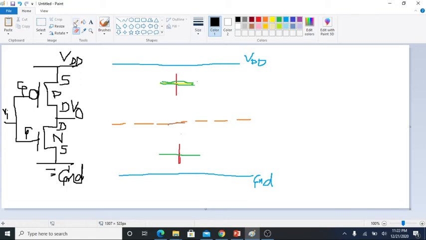So a good idea is to make source this side, drain this side, and again drain this side and source this side, and gate is obviously your polysilicon. What you have done till now is made VDD and ground with blue color, then the demarcation line with brown color, then both the transistors. Now you know that drains are on the right side and source is on the left side, and you can make it the other way around also, no issues with that.